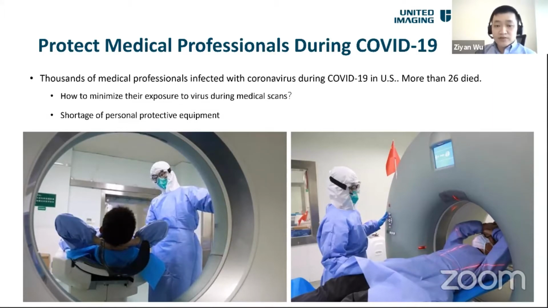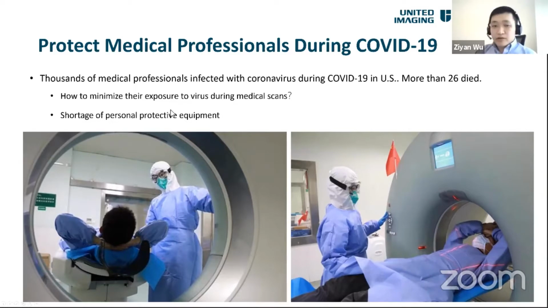That puts our technicians in a very risky position with exposure to the virus. And also, due to the shortage of PPEs, the PPEs become a very rare resource, and they are in very high demand. So a side question we want to ask is how we can save the usage of PPEs in hospital environments.